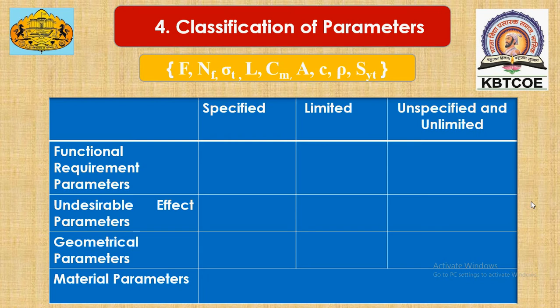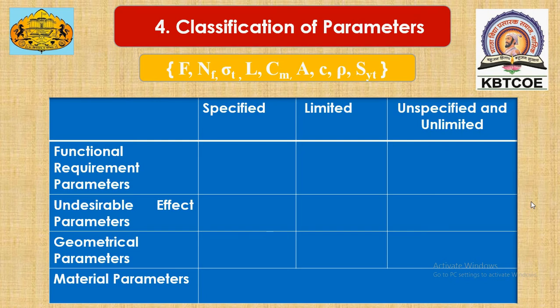These are the parameters in the given design problem. Now you have to classify these parameters into four types: functional requirement parameters, undesirable effect parameters, geometrical parameters, and material parameters. Now you see first F, that is force.